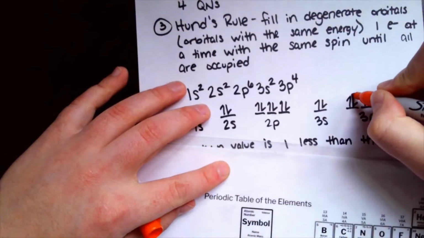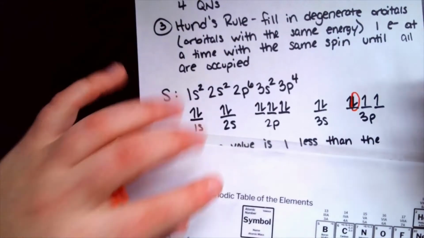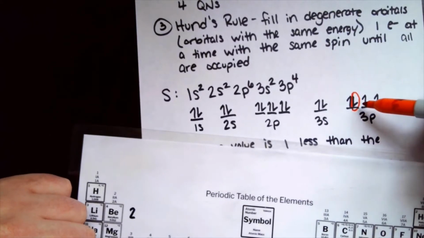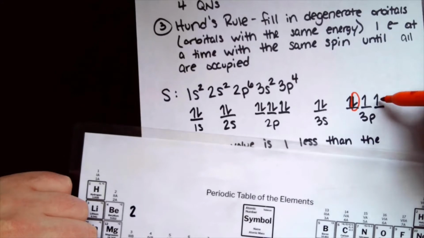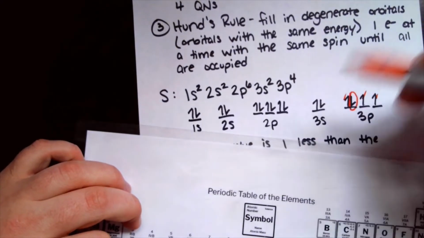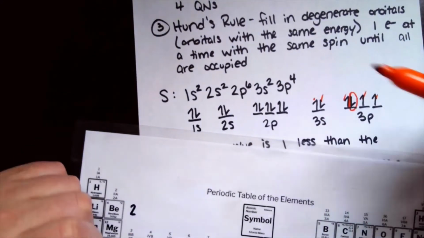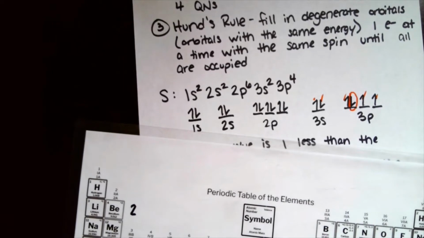So if I'm taking just one electron away from sulfur, for instance, that last electron that I put in would be the first one to remove. Then this one, then this one, then this one. Then I'd have to drop down here, here, and so on. So you want to remove the outermost electron first. Those are the valence electrons again.